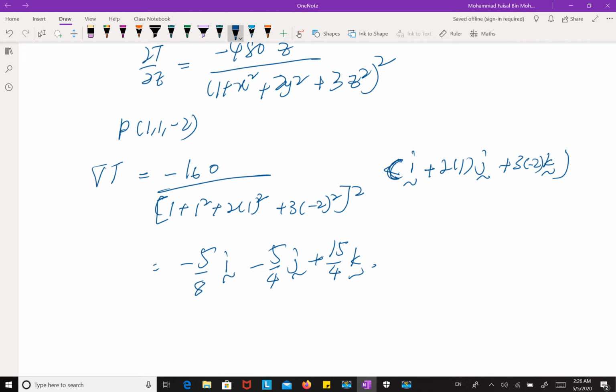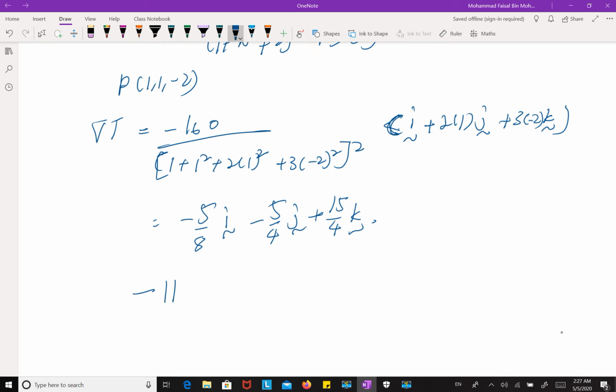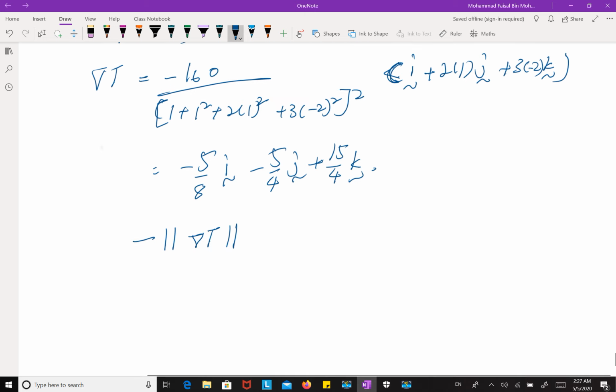Okay, remember we have the word greatest decrease, which means the magnitude of the directional derivative, that is equal to negative magnitude of gradient T, right? And you substitute it, you get negative 5 over 8 square root 41. Okay. So example 7 you can do.